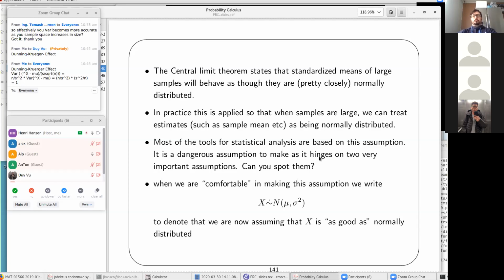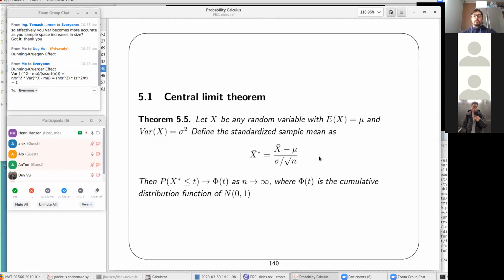Well, I'm not going to prove the central limit theorem because the proof is somewhat involved. You can check out there are different versions of the central limit theorem. This is the weaker version. It says that these are all independent and have the same expected value and the same variance.